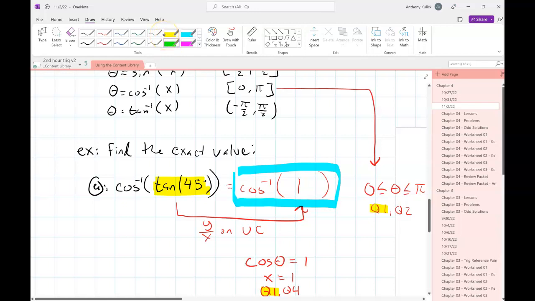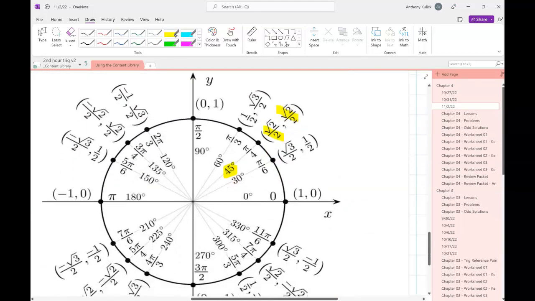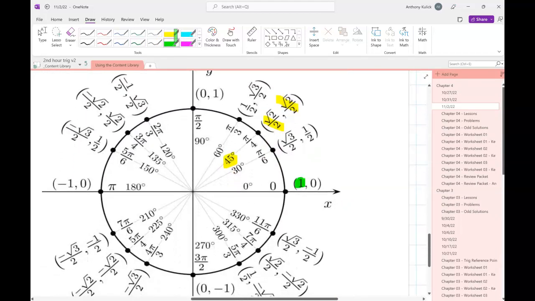So I'm going to go to my unit circle and just look in quadrant 1 for where x is equal to 1. Oh, there it is. So what's my answer then? 0 degrees. And I'm done.